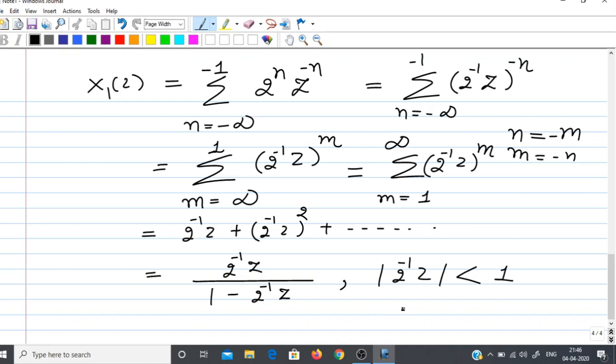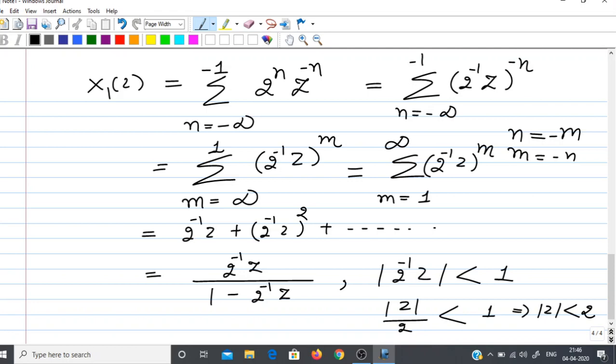In other words, mod z upon 2 is less than 1, which implies mod z is less than 2. So we have obtained the summation x1, the z transform of the sequence x1.